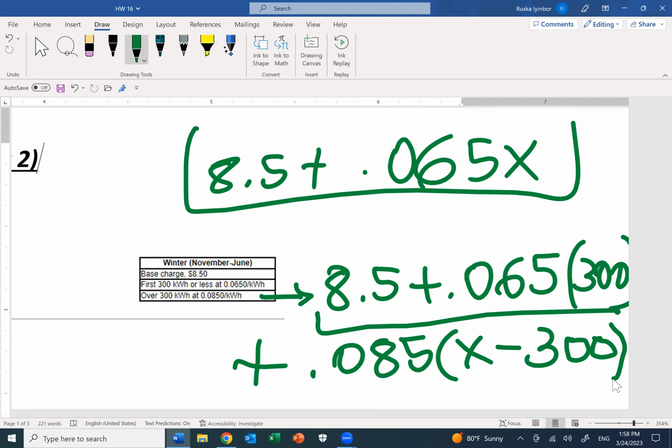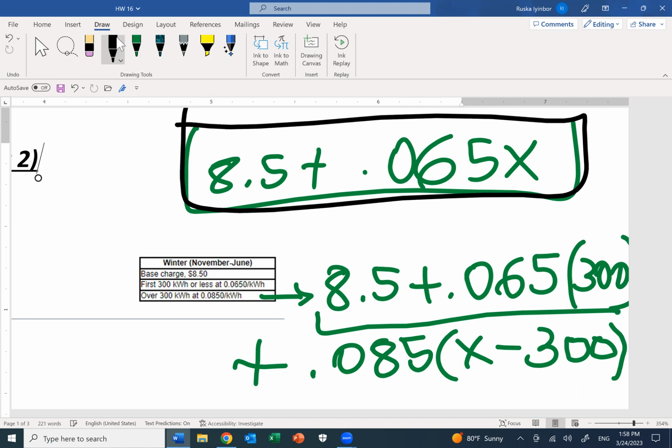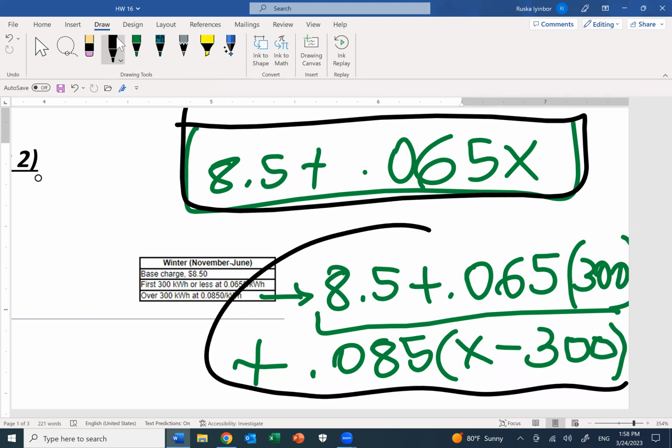So below 300, you're going to have this equation, and above, you're going to simplify all this expression and get the second equation. First you have to distribute the parentheses, and I think I have that here somewhere. Let me show you.